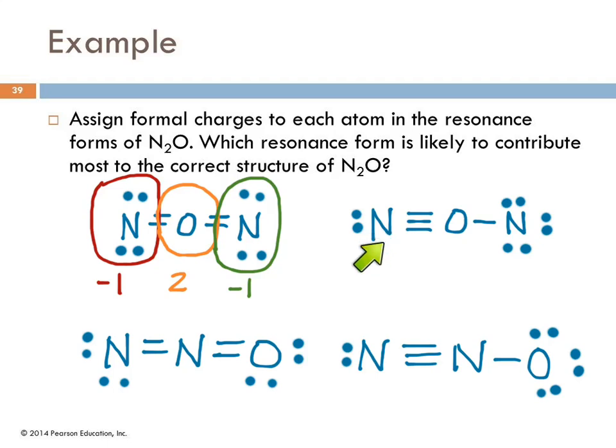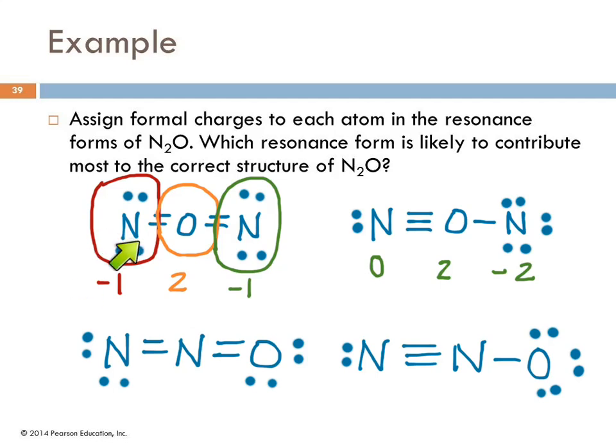Okay, so let's look at this nitrogen. Nitrogen brings 5. How many does it own in this structure? 5. So what's its formal charge? 0. How about this oxygen in the middle? It brought 6, it owns 4, so it has a formal charge of +2. And this nitrogen brought 5, owns 7, so this is -2.